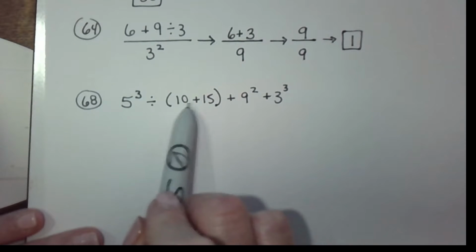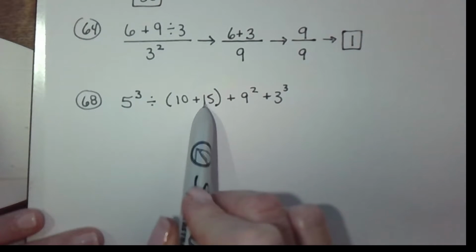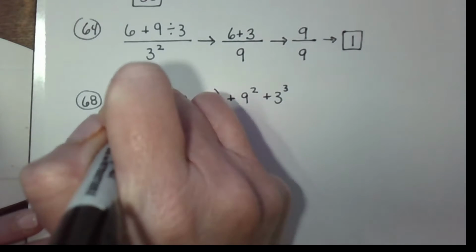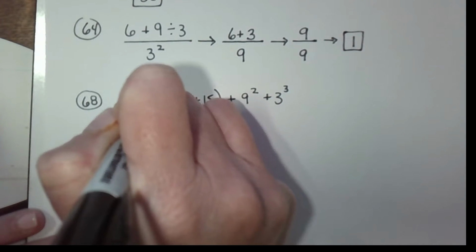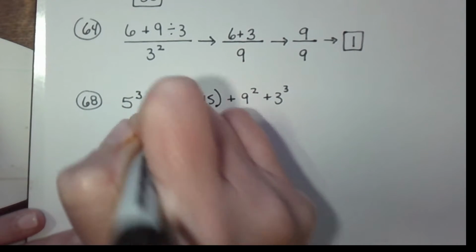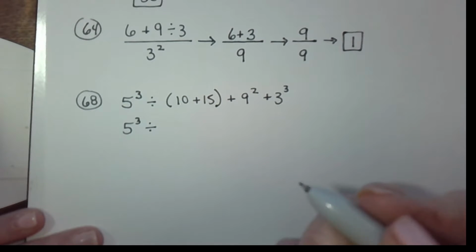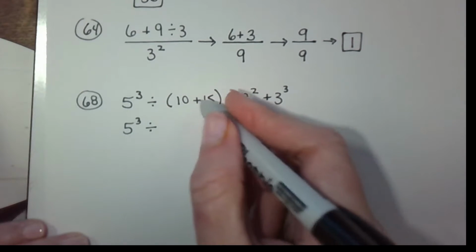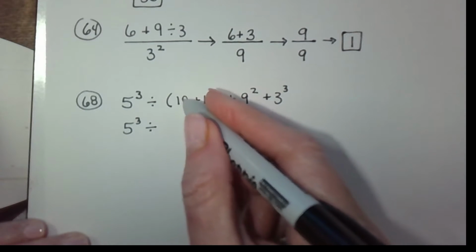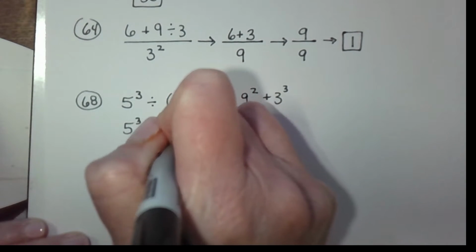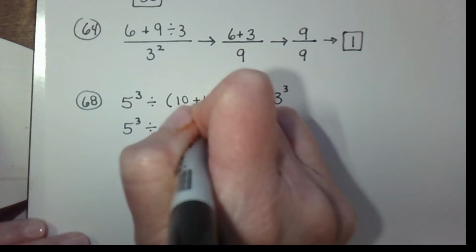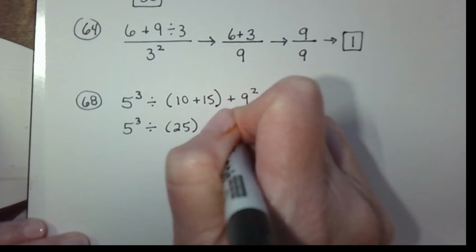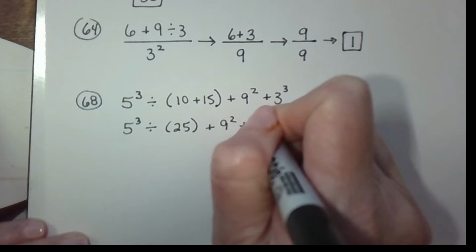Now in this one we do have parentheses. Let's go through and resolve that first. You certainly can go ahead and work out the exponents in the same step if you want to, because it's not really running together, but I'm just going to do one thing at a time. So 10 plus 15 is going to make this 25 here, plus 9 squared, plus 3 cubed.